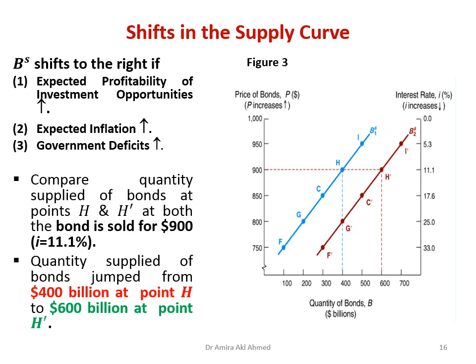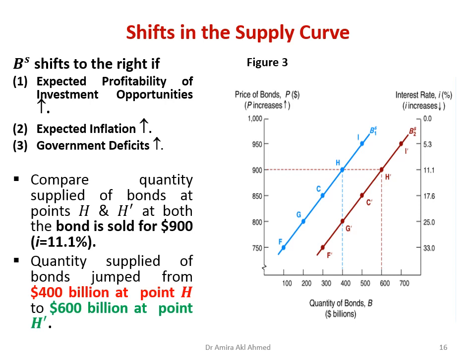At each price and interest rate, a larger quantity of bonds is supplied. For example, at point H, before the shift in the supply curve, the interest rate is 11.1% and the bond is sold for a price of $900.